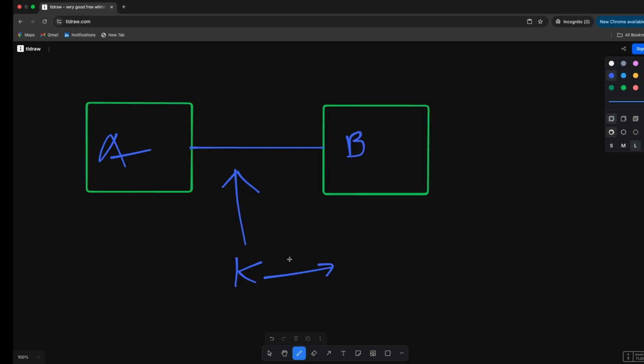So first is basically you agree on some mechanism using which you are going to scramble, and everyone knows it.